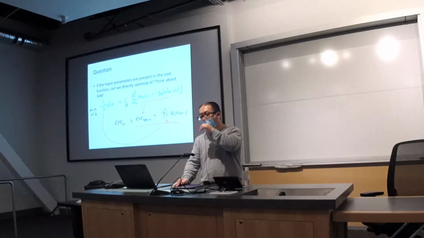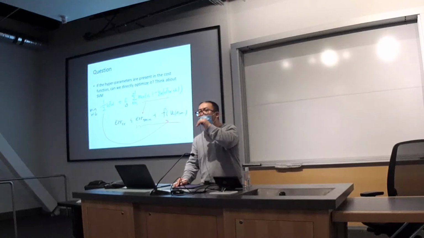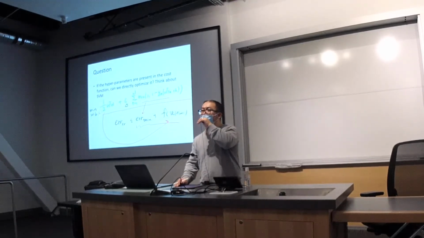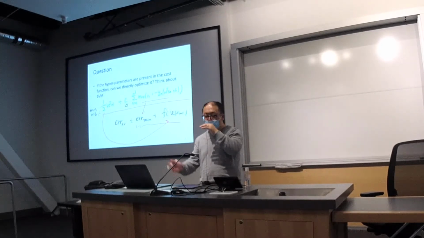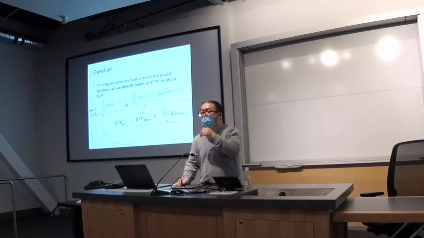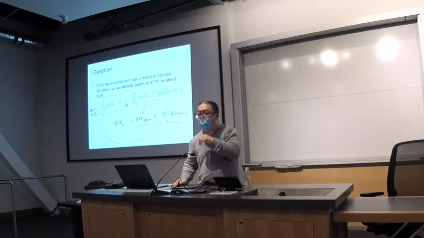So now I want to ask, how to set up C? Can we jointly optimize this whole objective function with respect to C as well? Previously, we assumed C is given and fixed, and we only optimized w and b. But now, I want to jointly optimize w, b, and also C to make this whole objective minimal.